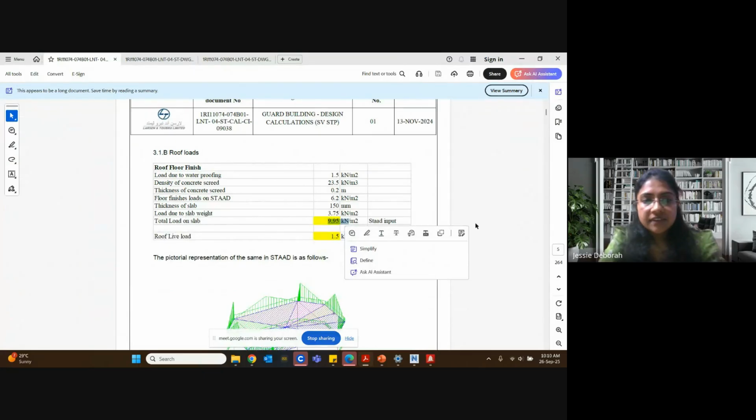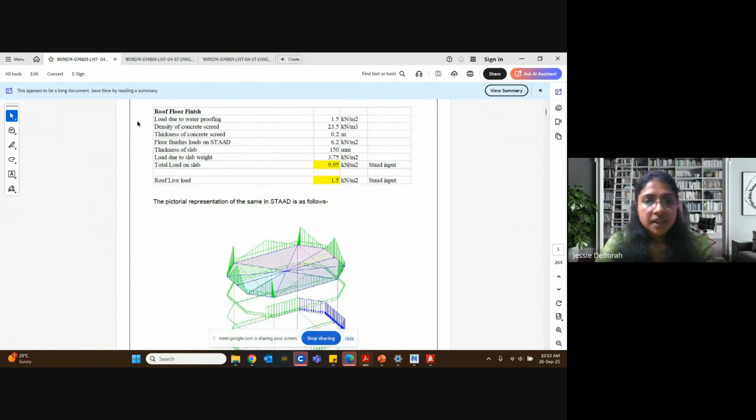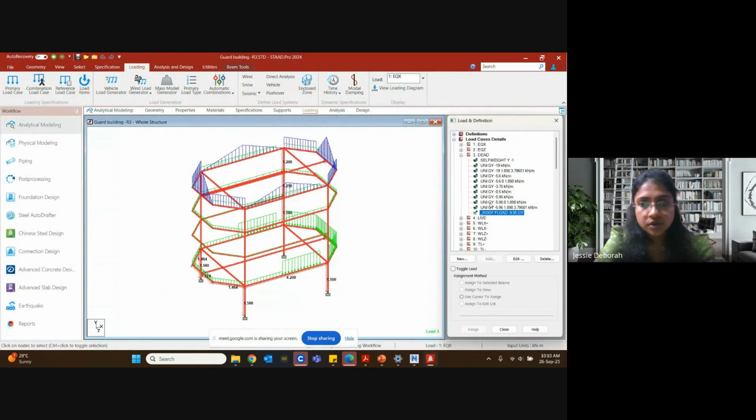Okay, then we have roof live load. If someone walks on the roof, we have to consider a live load. So that is common on the roof. It is not that people will stand only at one point or another; there is a possibility for people to stand everywhere. So you will consider a roof live load of 1.5 kilonewton. Okay, now there is a pictorial representation of how your entire slab is going to look.